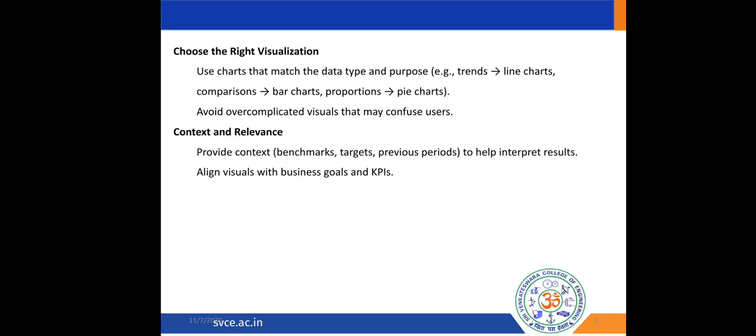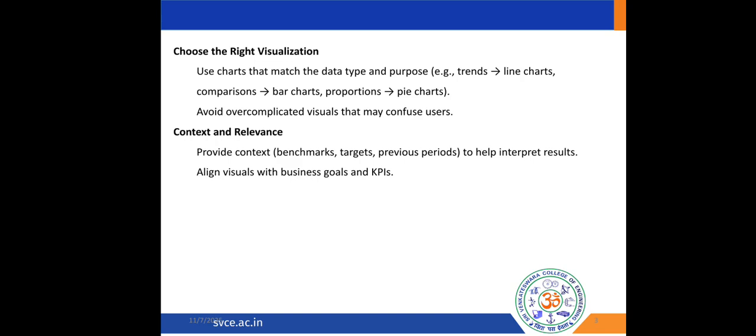So as we discussed, we have discussed 7 types of visualization here. For bar chart, the purpose is comparison. For line chart, it is trends over time. And we go for a pie chart for part to whole comparison.